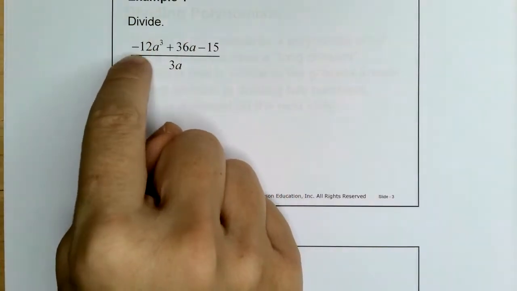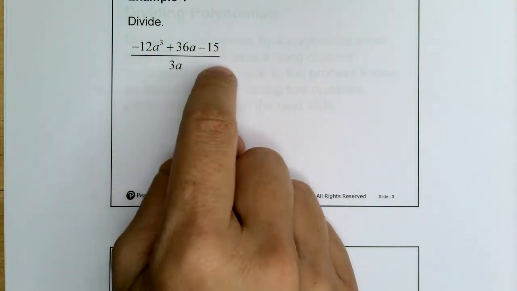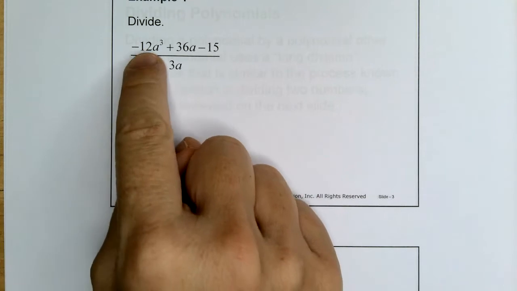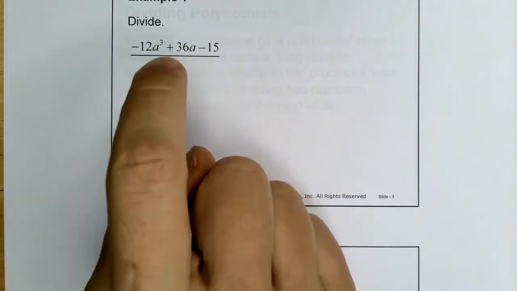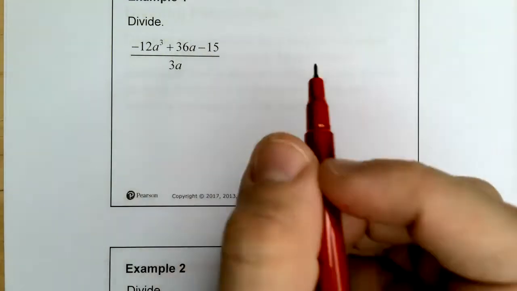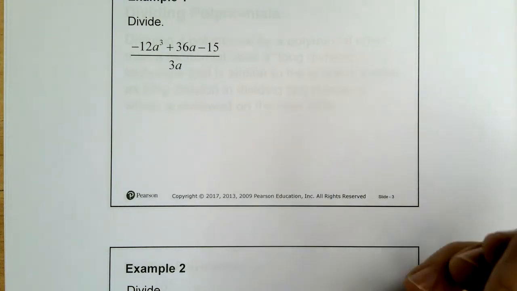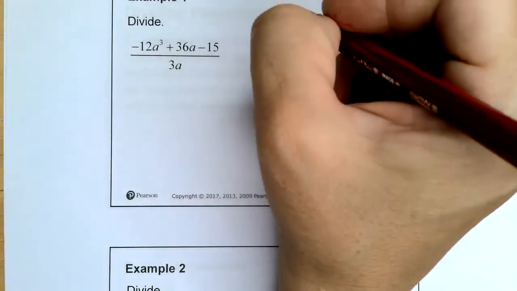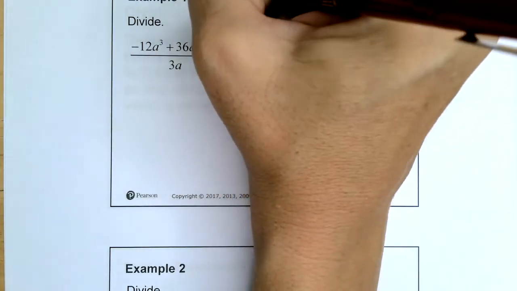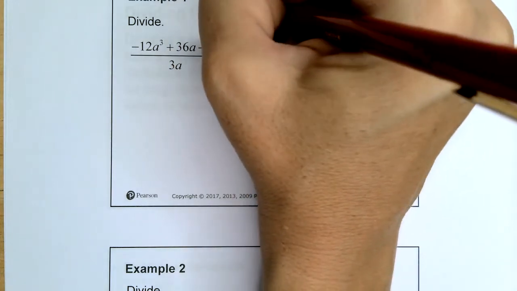Here we have three separate terms in our polynomial. We have negative 12a to the third, we have positive 36a, and we have negative 15. These three terms are being divided by 3a. So let's divide it. We are dividing by 3a. Okay. Negative 12a to the third will be placed over 3a.